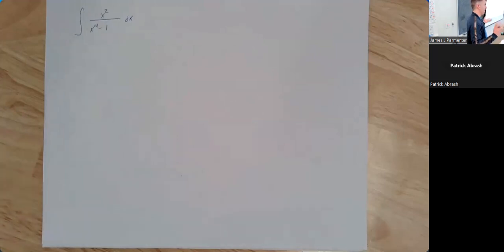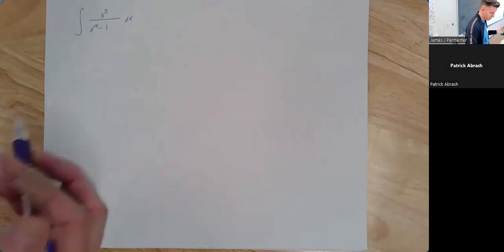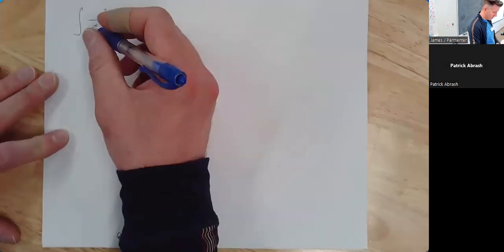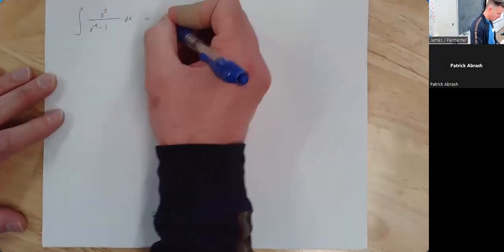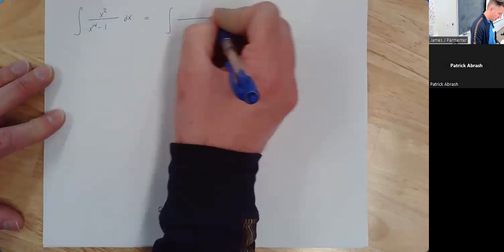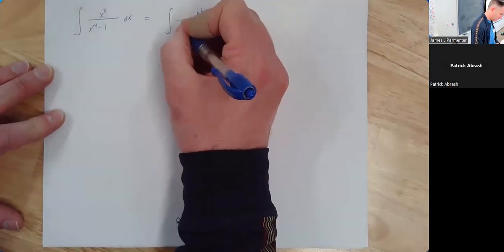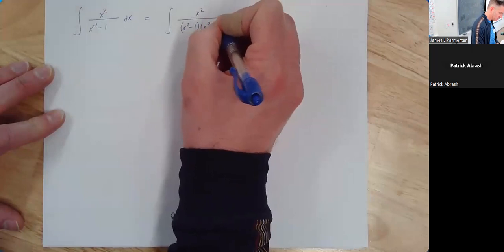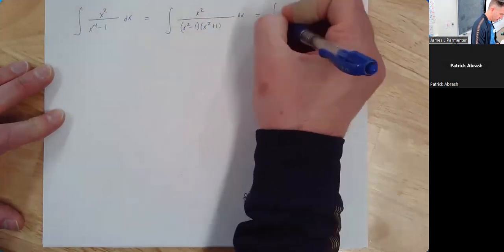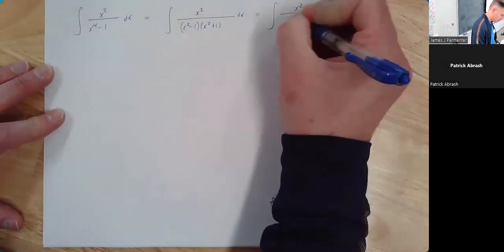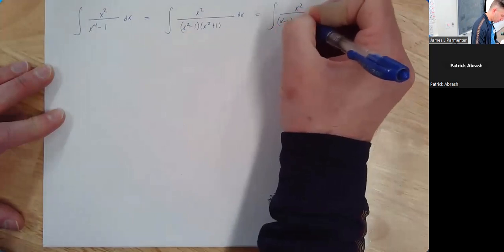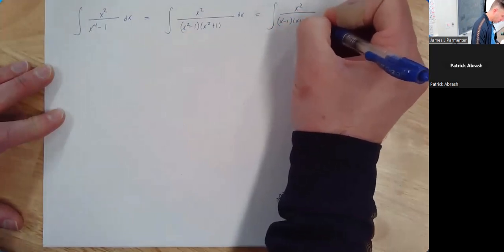You're going to have to do some of this equating coefficients or whatever. And this is going to be one of those cases because we certainly can't do a u sub. So we're going to factor this denominator as x squared minus 1 times x squared plus 1. And then we're going to factor that as x minus 1 times x plus 1 times x squared plus 1.